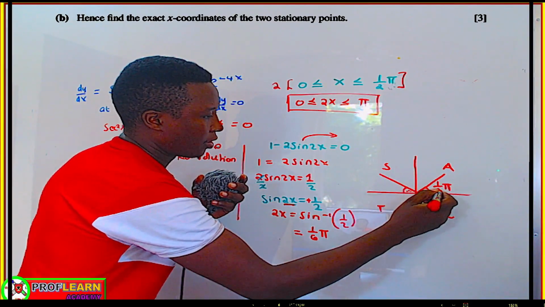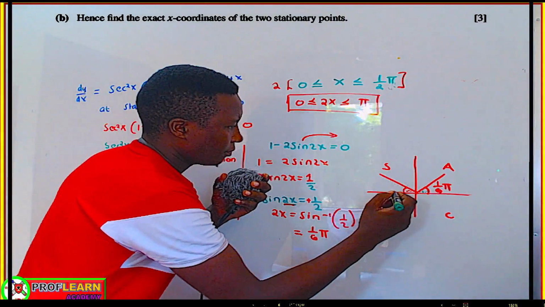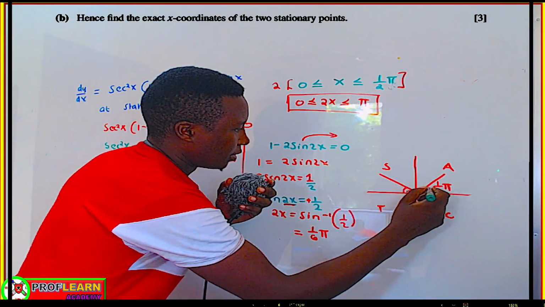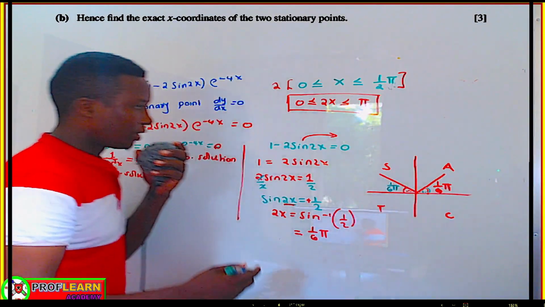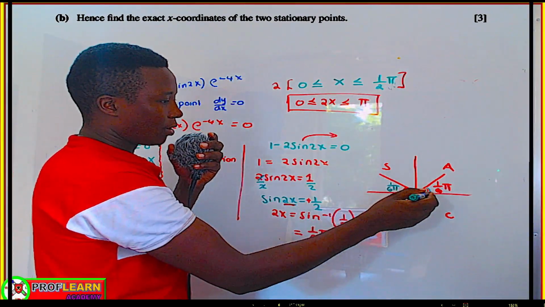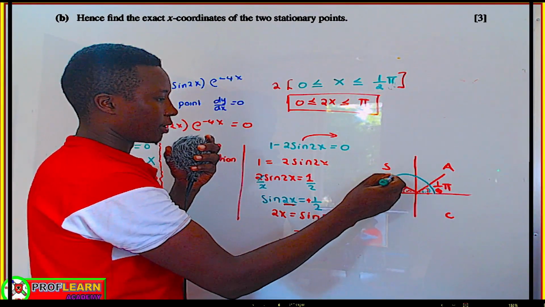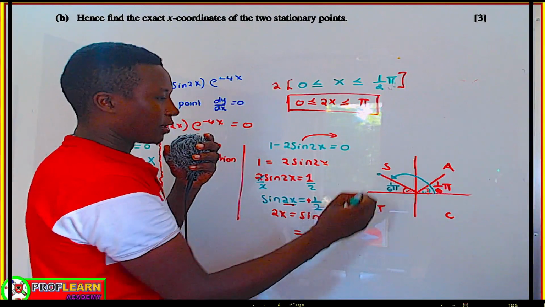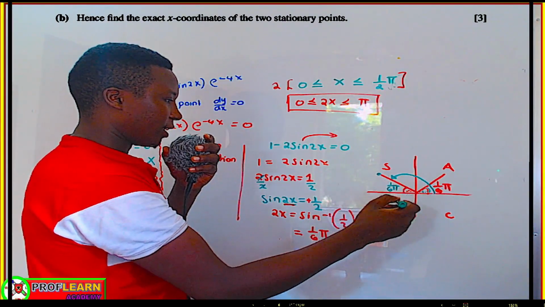So we can find that angle also in the second quadrant. This angle is 1 over 6, so this is also 1 over 6 pi. But since we were finding positive angles, the next angle is the one that runs up to this given point, and it will be pi minus 1 over 6 pi.